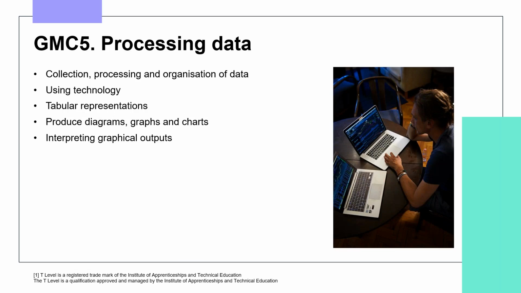Processing data can include how the data is collected to begin with, what technology, such as spreadsheets, is used to process the data, how the data is represented and processed, such as tables or a chart or graph form, and being able to interpret already processed data, such as drawing conclusions from provided graphs.